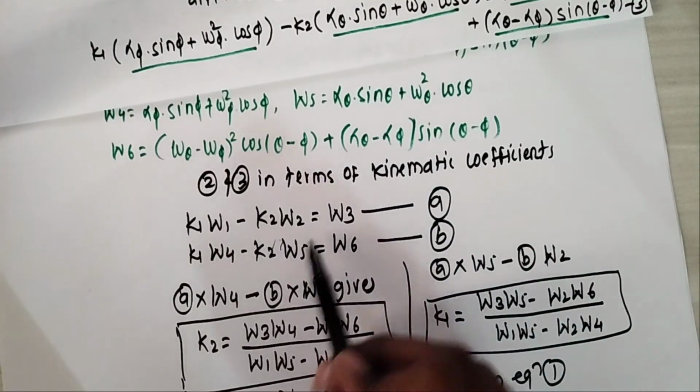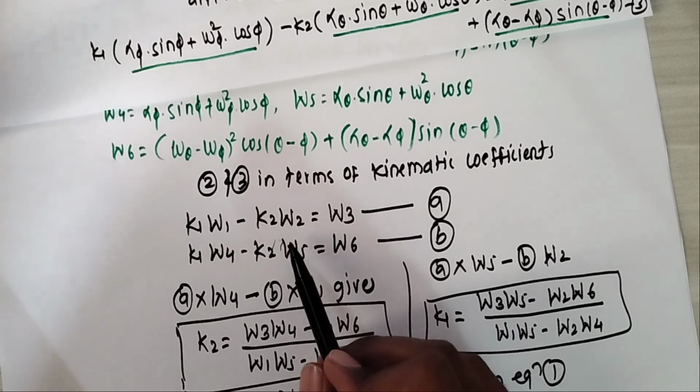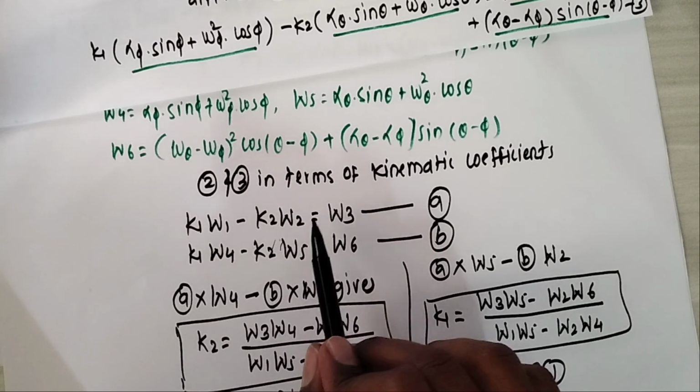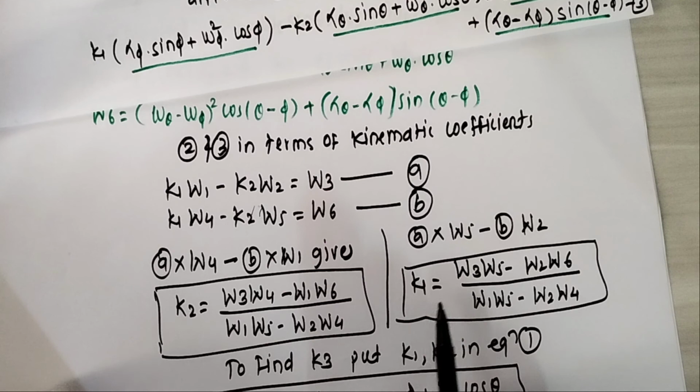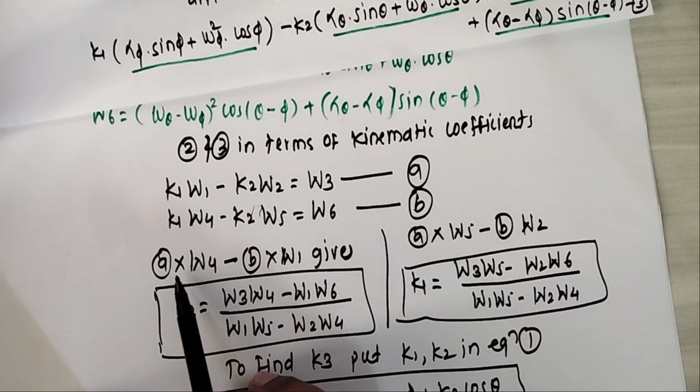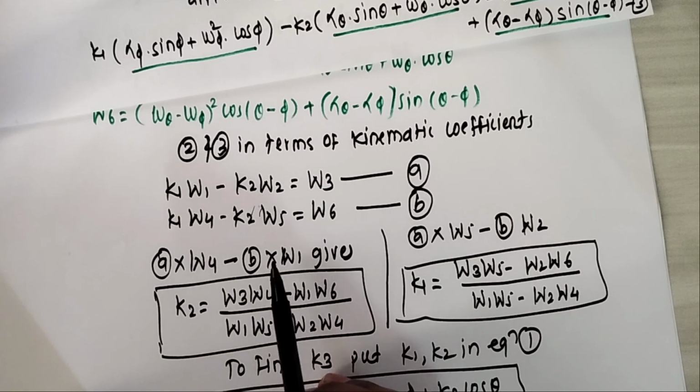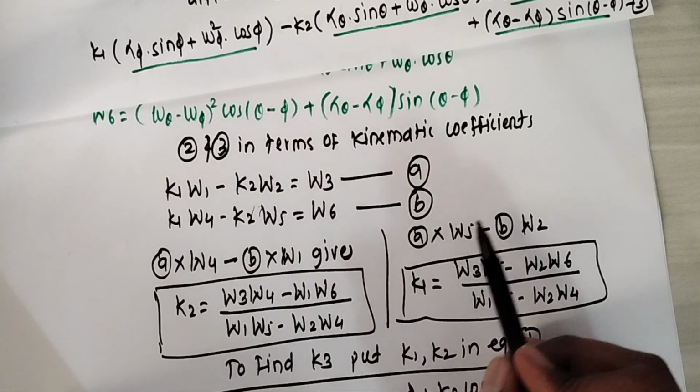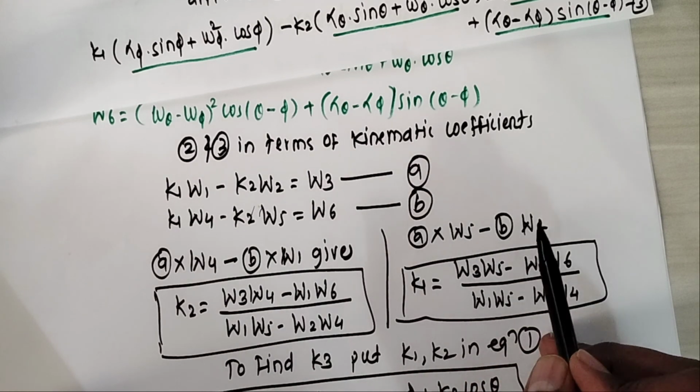Once you get these 6 coefficients, write down the two equations in terms of kinematic coefficients, and as we discussed in the previous section, we solve these two equations to obtain k2 and k1. Just A into W4 minus B into W1 gives you k2, and A into W5 minus B into W2 gives you k1.